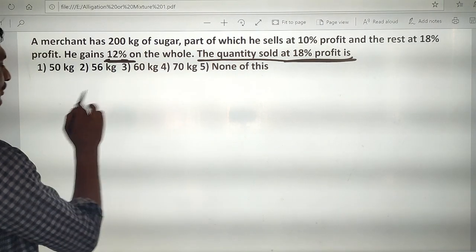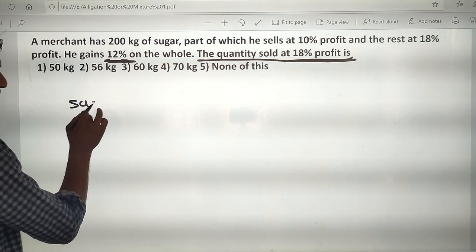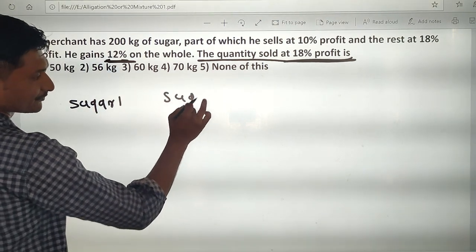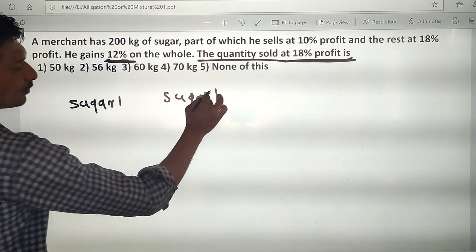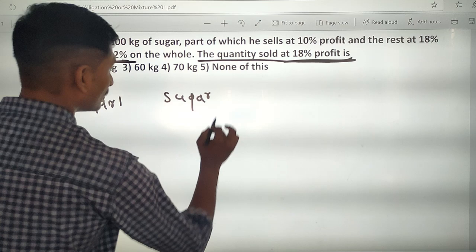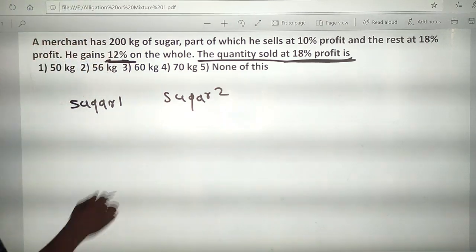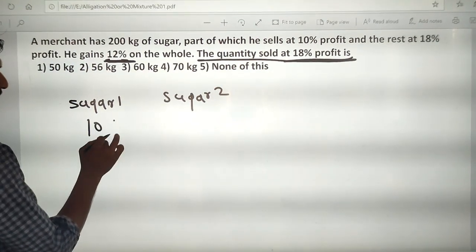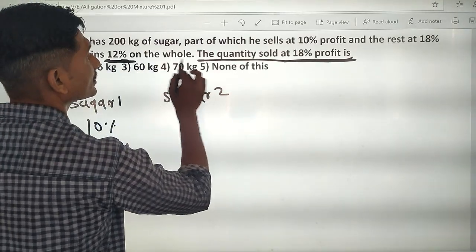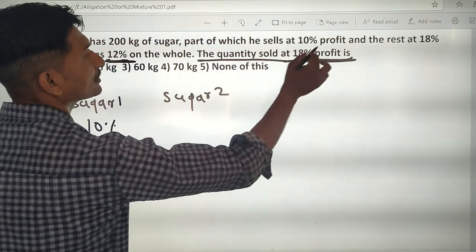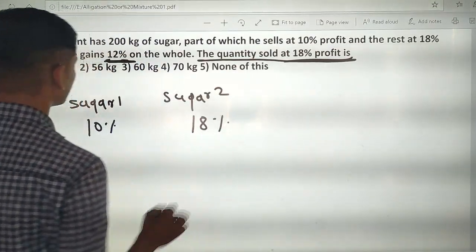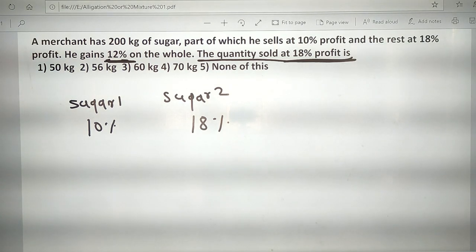Here there are two types of sugar. Sugar 1 is sold at 10% profit and sugar 2 is sold at 18% profit.